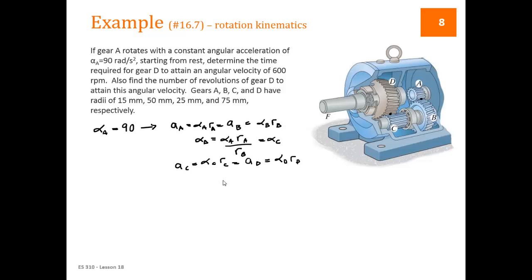So solve this for alpha D, which is alpha C RC over RD, but alpha C is equal to this.